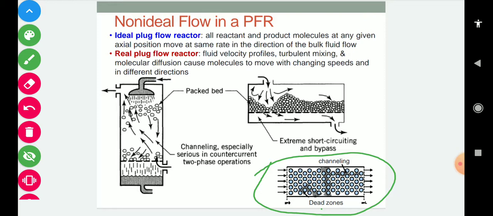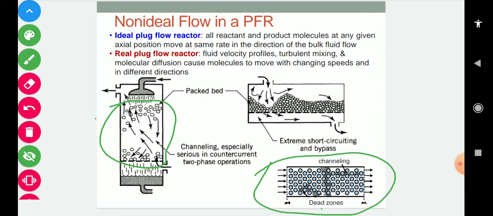If any molecule is stuck in that dead zone, it will spend more time. Again, in this diagram, if we have a bed and there is some channeling in the bed, the molecules will come out at a faster rate than the other molecules through these channels.